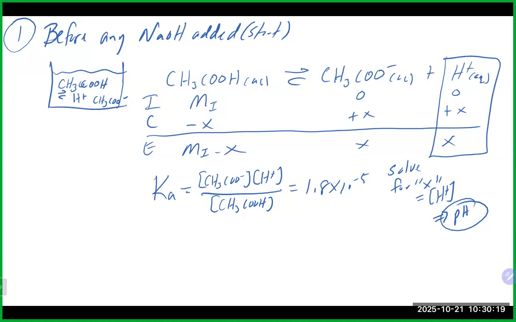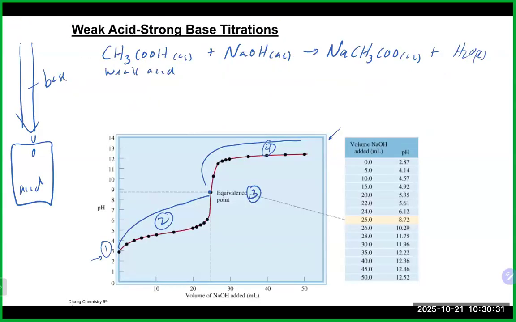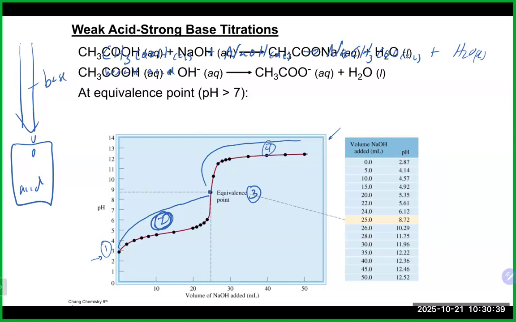All right, so we now have our weak acid, we have our initial pH. Now let's talk about what happens as we start our actual titration. So if we come here to number 2 and start our titration to before the equivalence point, we are now anywhere before the equivalence point.